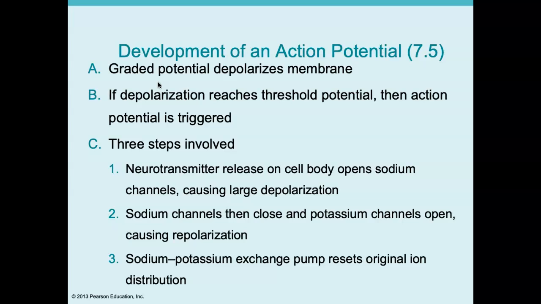It's going to cross the cleft and be bound and open sodium channels, causing a larger depolarization. The sodium channels close, potassium channels open, and potassium leaves the cell, and the cell is repolarized. But then the sodium-potassium pump has to reset everything back to normal.